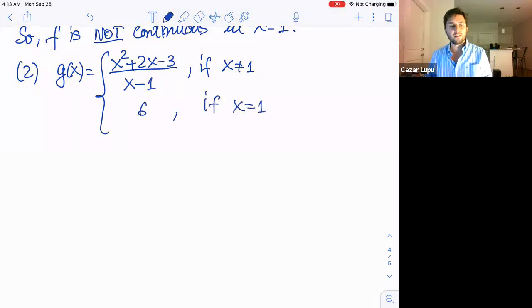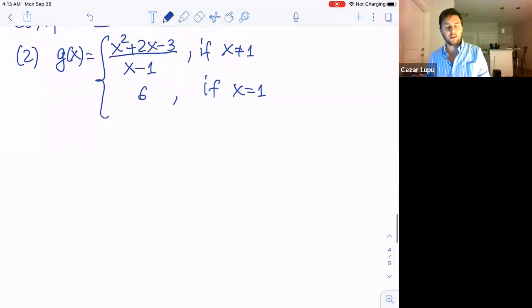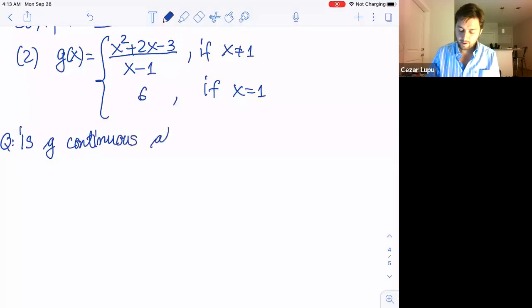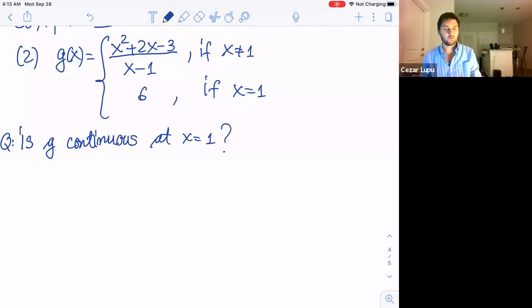So this is what we call a piecewise function, and we would like to see if it is continuous at 1. Is g continuous at x equals 1? That is the question we want to answer.